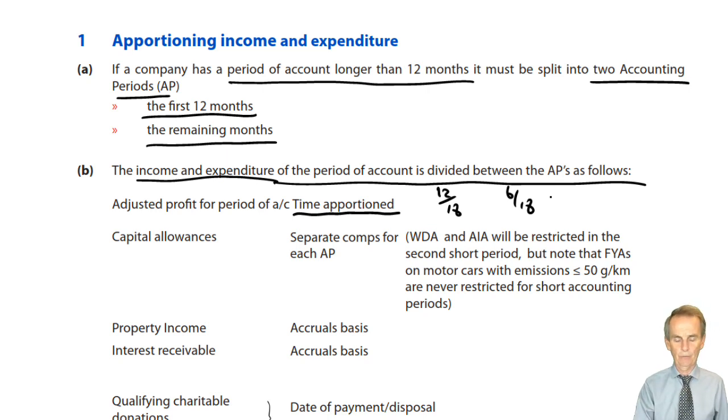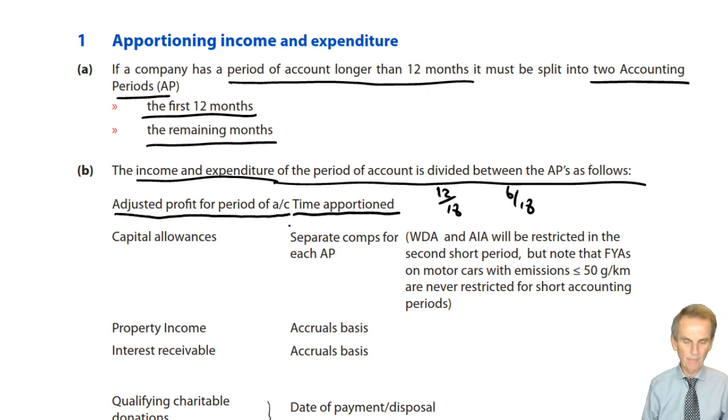Always 12 months for the first one, then whatever the remaining months of the long period of account as the second accounting period. So here, adjust the profit for the period of account, the statement of profit or loss, and then time apportion that figure between your two accounting periods.